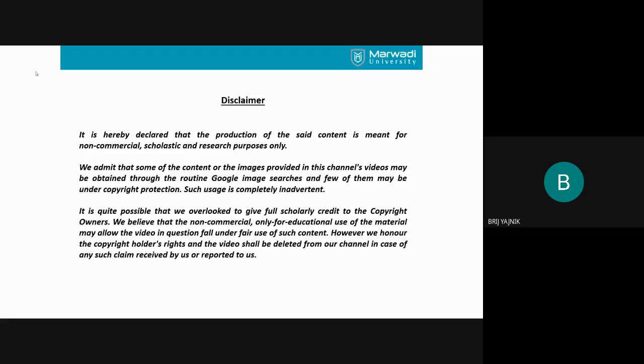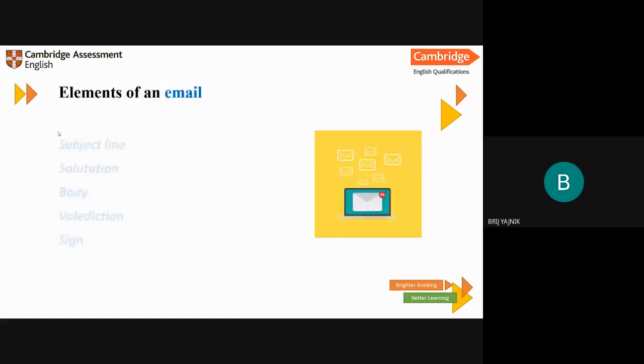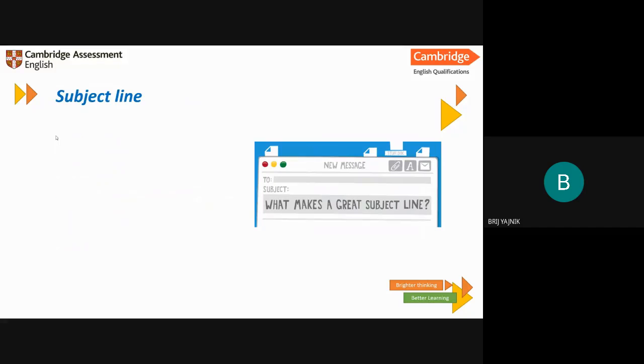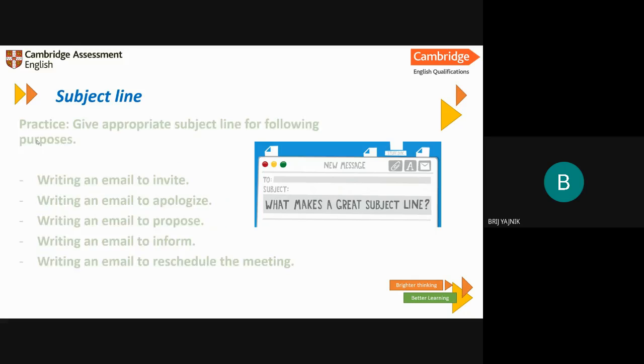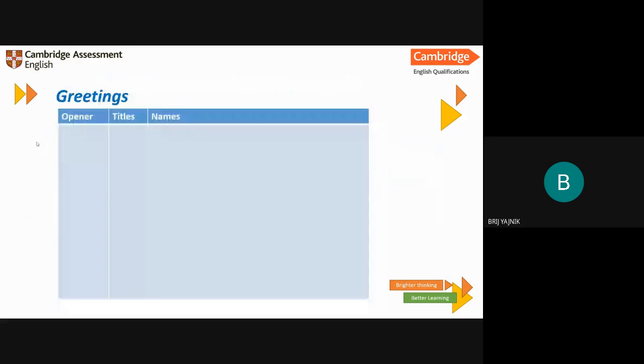So let's move on and take a quick recap. We were discussing the elements, and first we discussed the subject line. We understood that it should be not more than 8 words, and the personal pronoun I we cannot use, of course. We had better start a subject line using ing forms. Then we discussed the greetings.